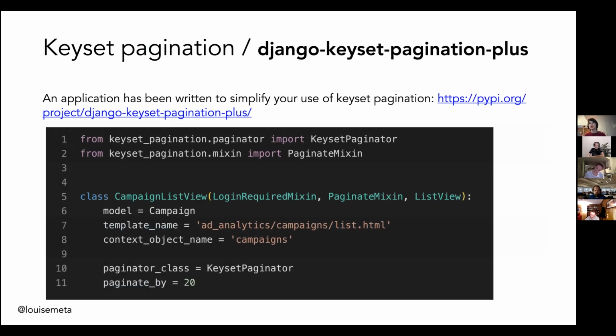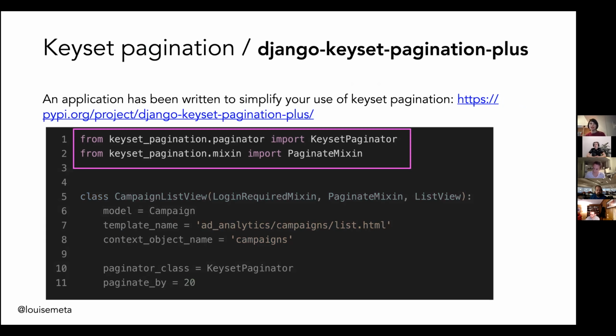To implement keyset pagination, there is an app that you can use. It's django-keyset-pagination-plus. What you do to have it running on your own app instead of the default paginator is add it to your imports.